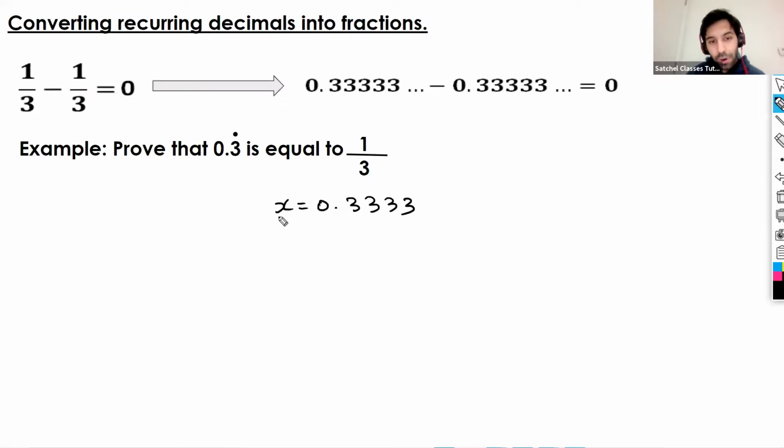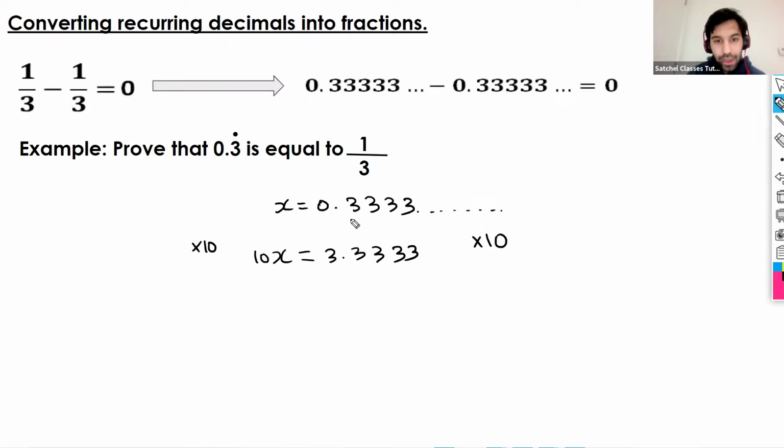Now let's multiply both sides by 10. So what I'll end up with is 10 times x is 10x, and 0.333 times 10 is going to be 3.333 and another 3, because remember, this goes on to infinity. Now notice what's happened here.